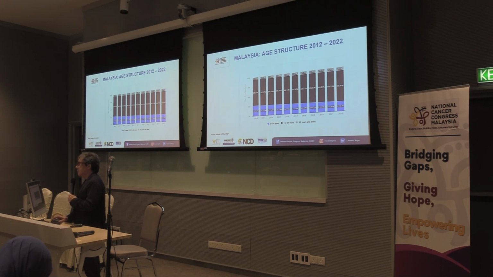So just imagine in another 5 or 10 years, this working population, instead of moving back up, will continue to drop, and this aged population bar will continue to expand. So an obvious question is, in 5 or 10 years' time, who is going to pay the tax if healthcare is totally relying on taxation? So this is what I mean by worrying. Somehow we need to come up with a solution to that.